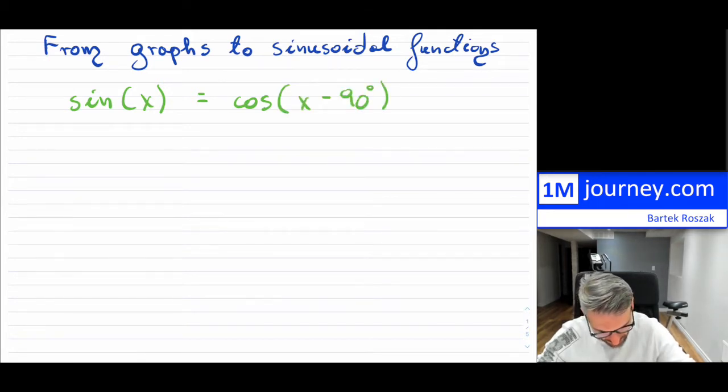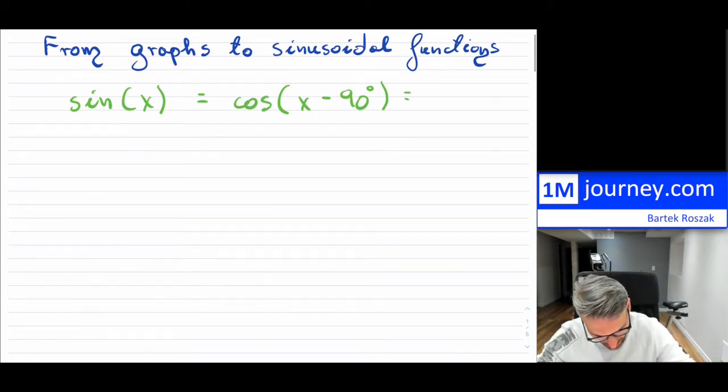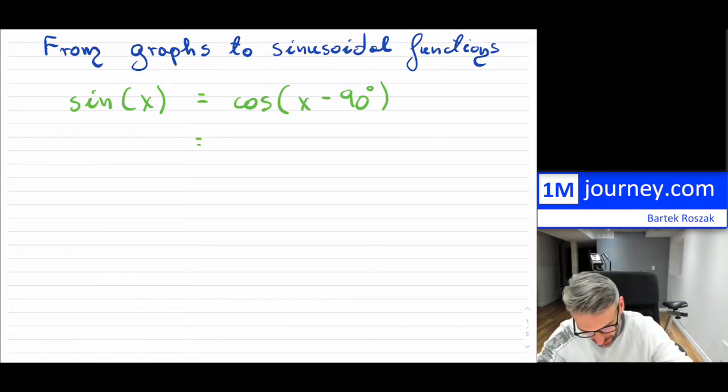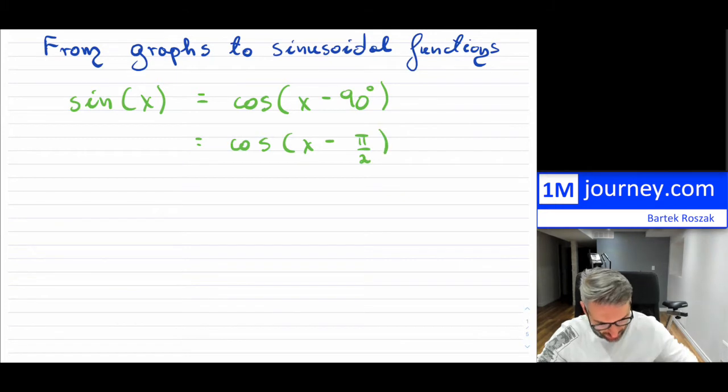So it's just a shift. If your independent variable is in radians, it would be just pi over 2. So you can relate these two back and forth.